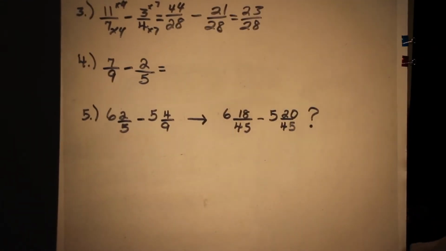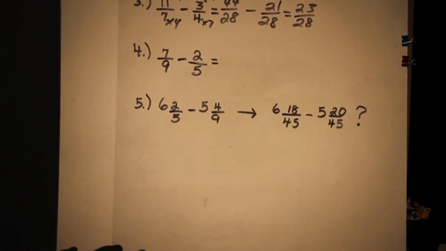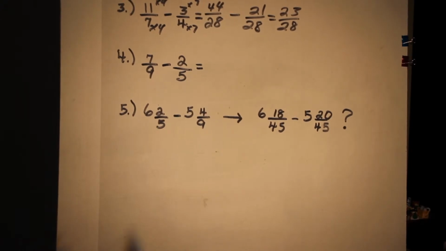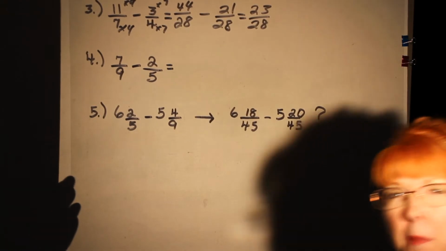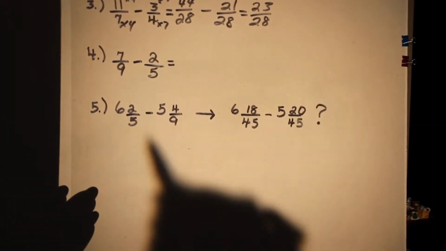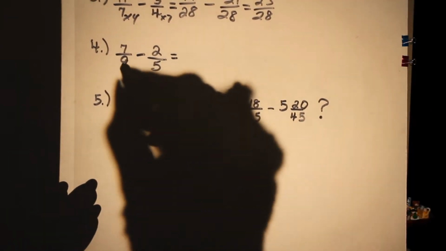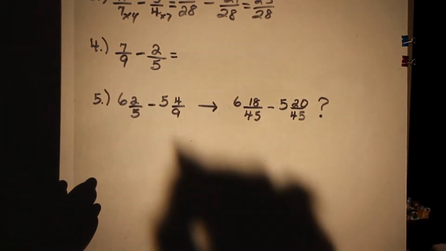One's from the other sheet that we didn't finish in the last part. So I have 7/9 subtract 2/5. Make sure I'm on the screen here. 7/9 subtract 2/5. Don't have a common denominator, can't subtract.